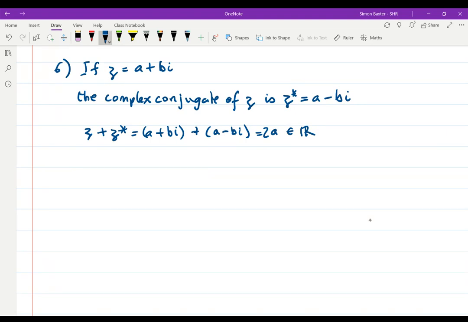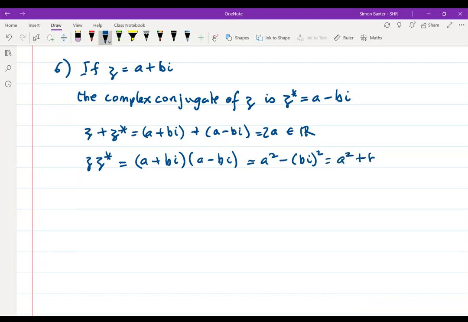And also notice that z times z star is a plus bi times a minus bi. This is the result we've already used. That is a squared minus b i squared. i squared is minus 1, so that is a squared plus b squared, and that is also a real number.